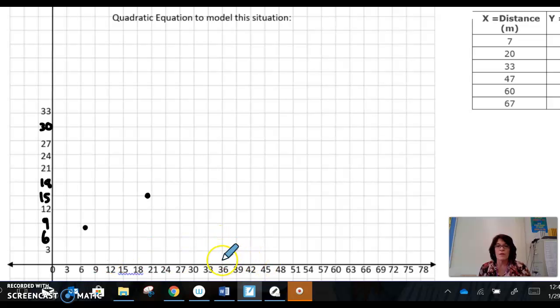33, 24. Here's 33, here's 24. And then 47, that's a little less than 48, and 26, a little less than 27. And then 60, I'm back down to 24.